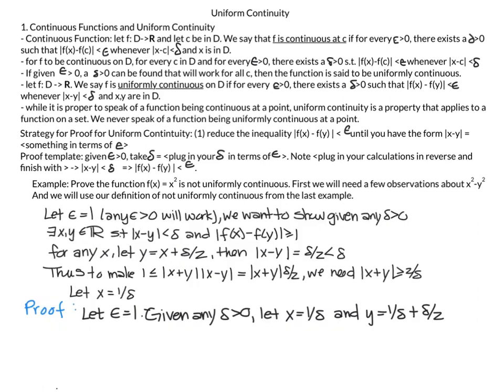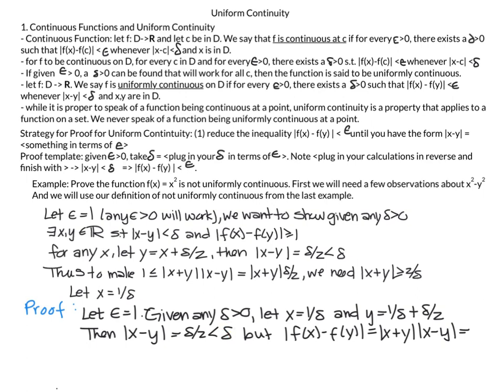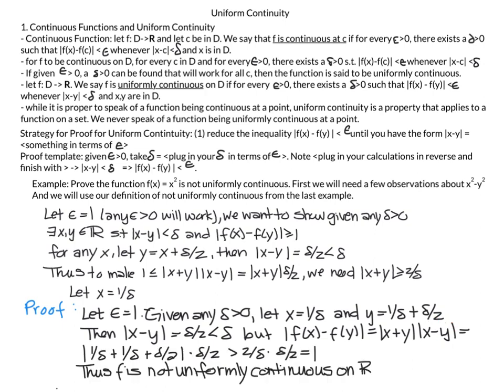Then our proof is: let epsilon equal 1, given any delta greater than 0, let x equal 1 over delta, and y equal to, now we plug in for x, 1 over delta plus delta over 2. Remember, we set y equal to x plus delta over 2. Now we have absolute value of x minus y less than delta, and f of x minus f of y, which is equal to absolute value of x plus y times absolute value of x minus y, which is equal to 1 over delta plus 1 over delta plus delta over 2, this is x, this is y, times x minus y, we can plug in delta over 2.